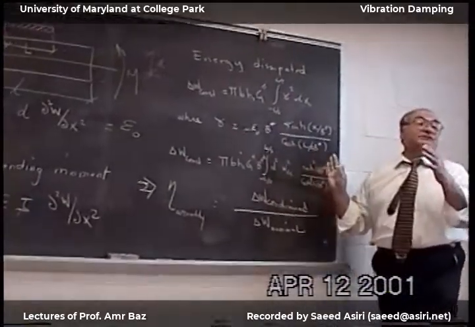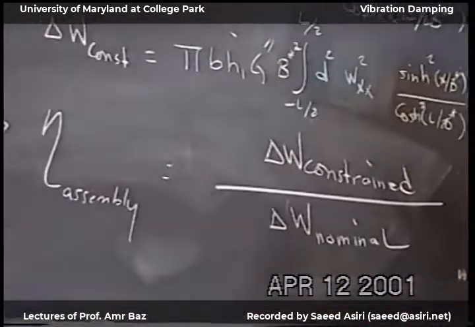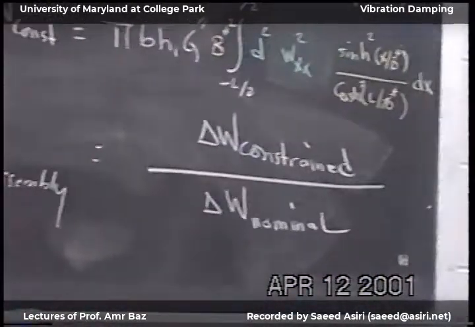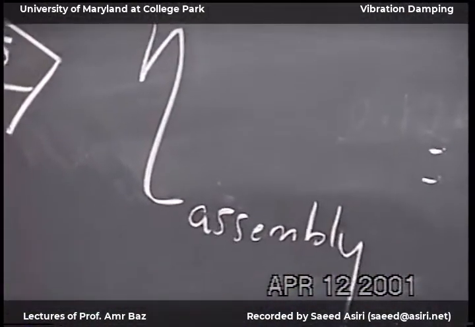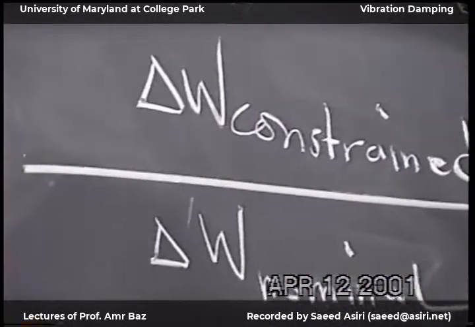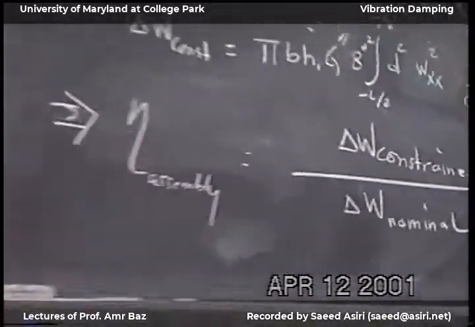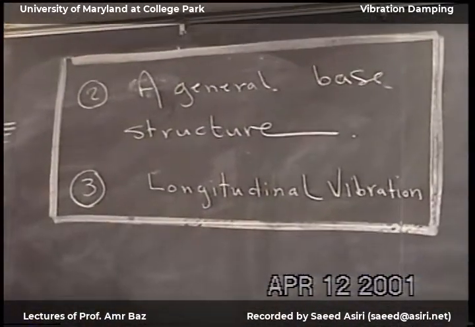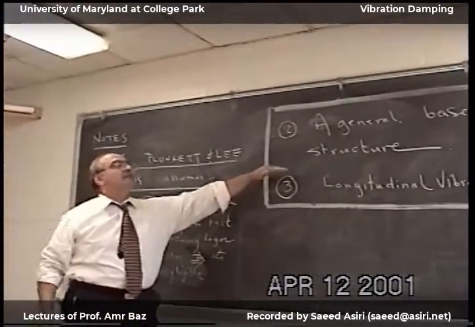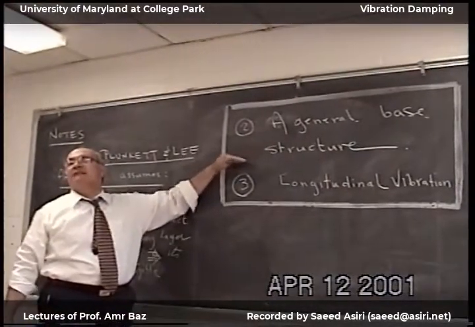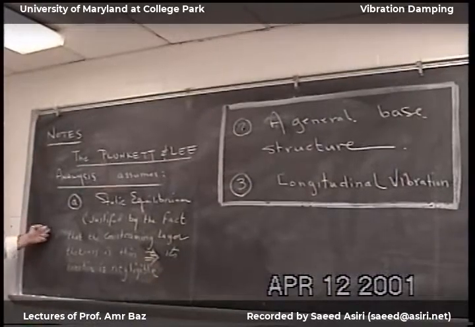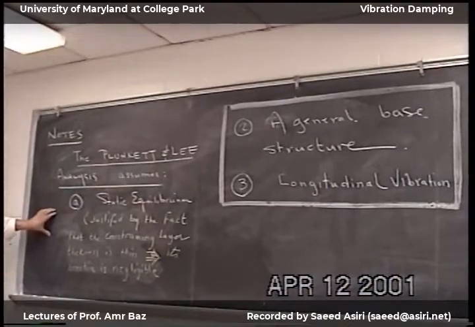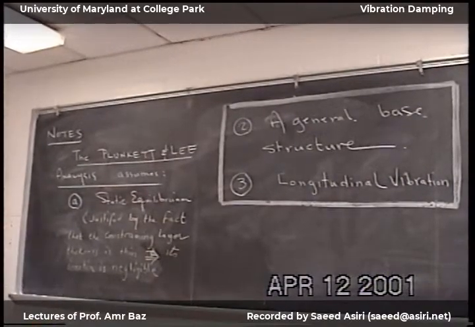So the same analysis that we did for longitudinal vibration, I can extend it for transverse vibration. And this is a super important thing to keep in mind. This was done for any general structure. And there are people that did the same for a plate, the same result. And in spite of the fact that we're looking at a static case, the results are very close to the optimum if we have the dynamic case.